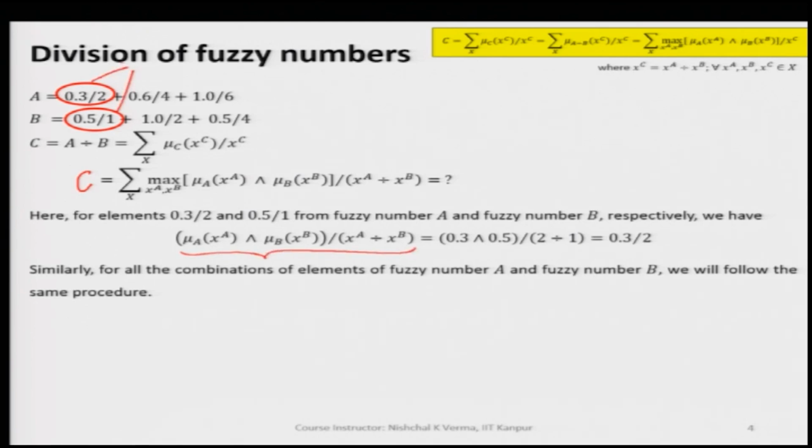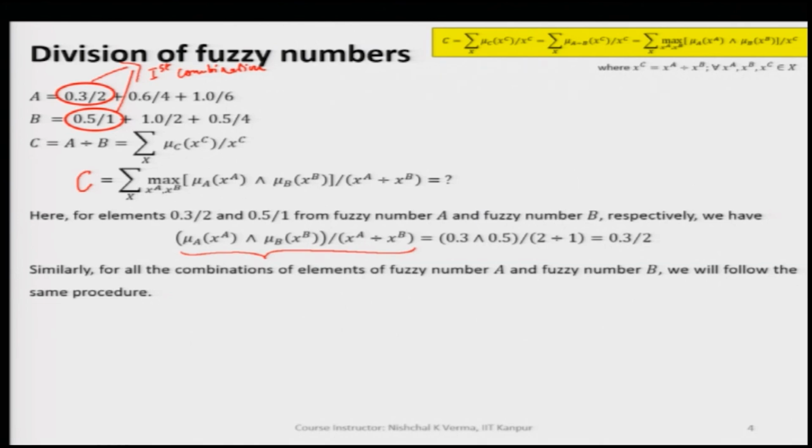So, this is the first combination. Likewise we will have so many combinations; we will take all the elements of A and B, combine them together, and then we will process these, as we will see in these couple of slides.